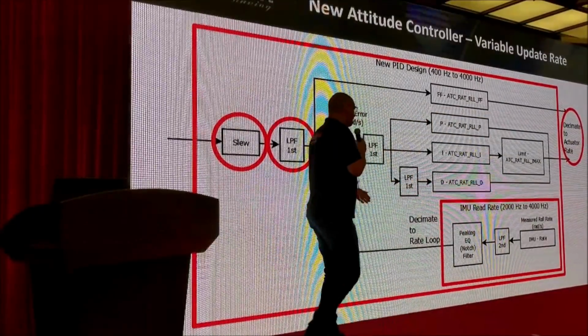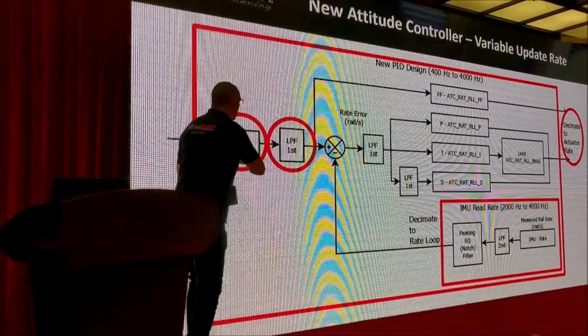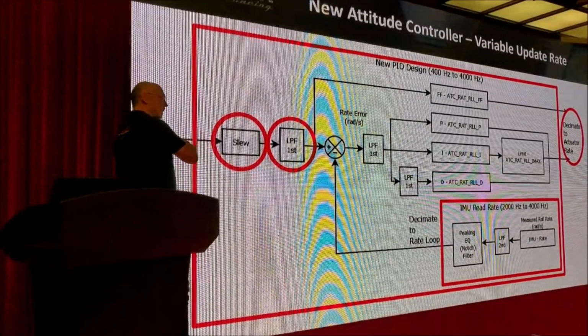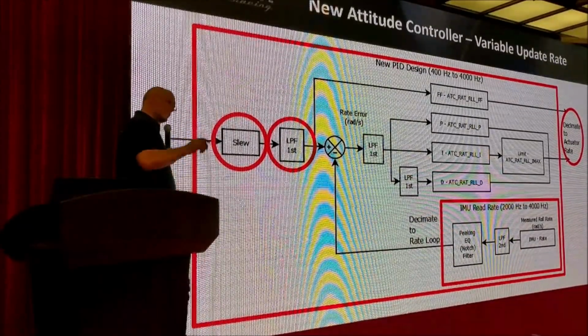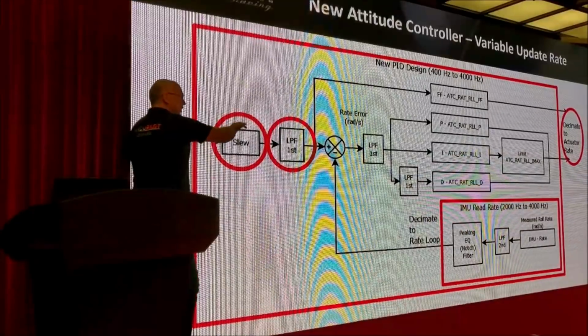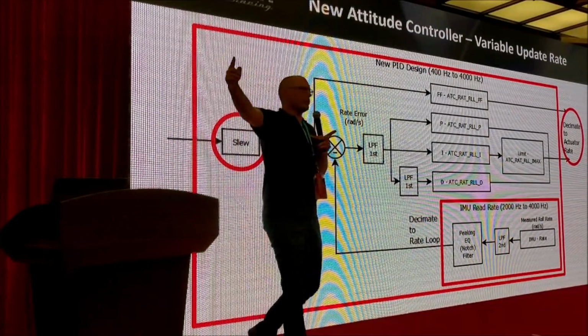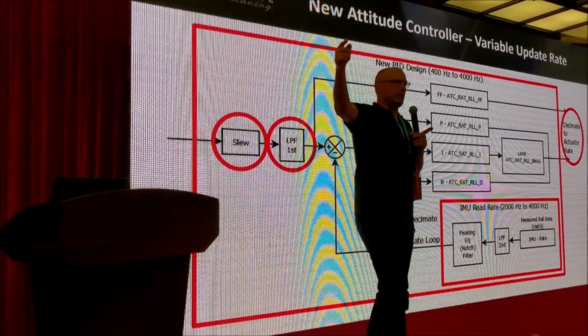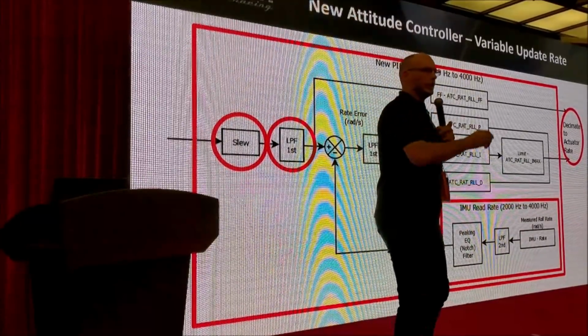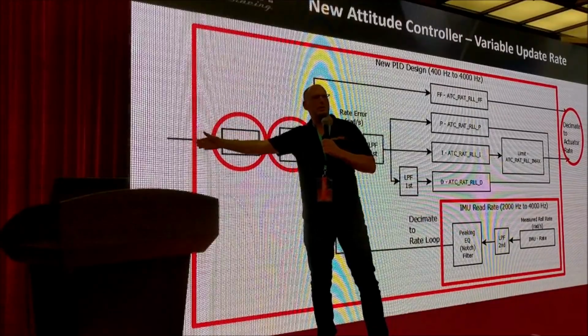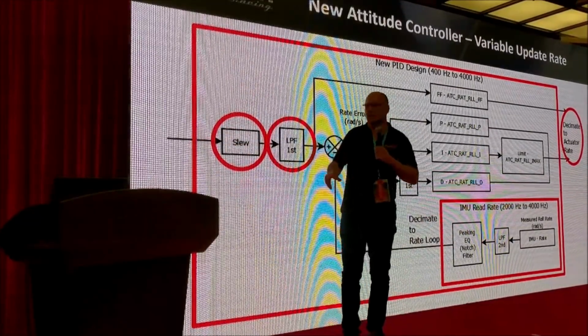So to do that, we need to take care of this low update rate, whereas the rate loops are going much faster. So what do you do with all those samples in between, where this is very slow, but this is running much faster?